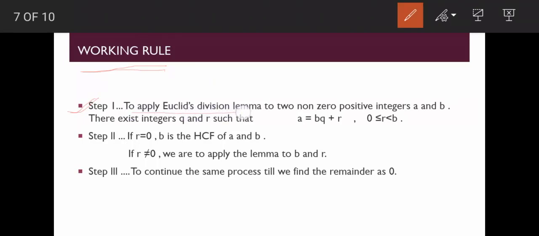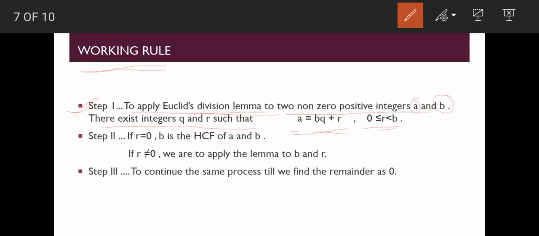To apply Euclid's division lemma. Lemma was what? A restatement of division algorithm. So we have to apply Euclid's division lemma to two non-zero positive integers a and b, where two integers q and r will exist such that a is equal to bq plus r.